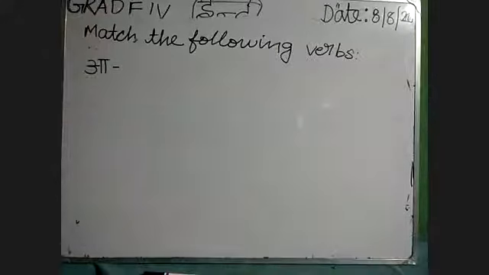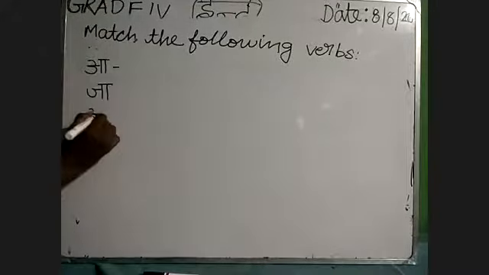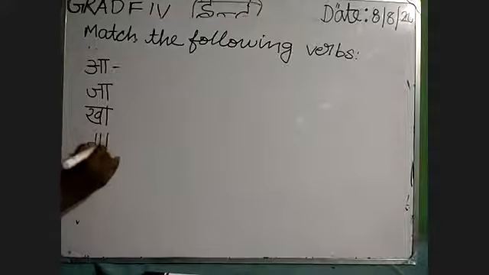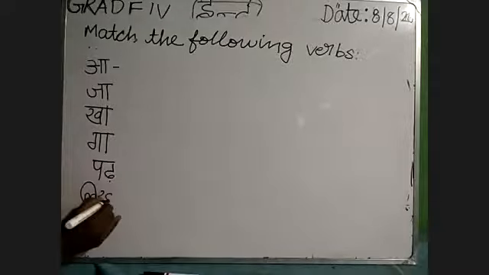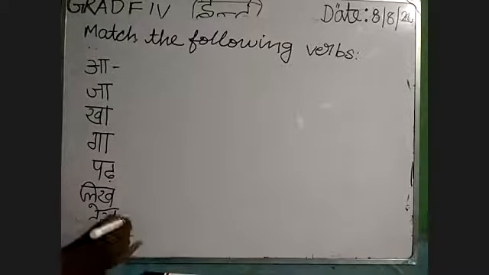See here: "aa" means come. "Ja" means go. "Kha" means eat. "Ga" means sing. "Padh" means read. "Likh" means write. "Dekh" means see. "Kar" means do. So, you should match.